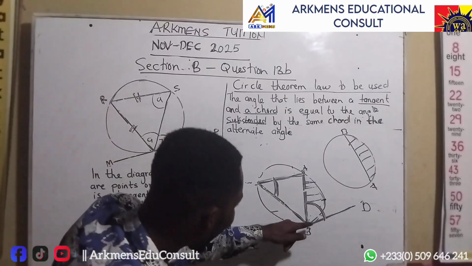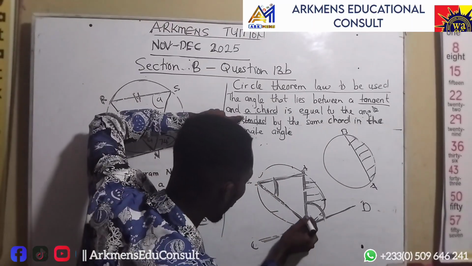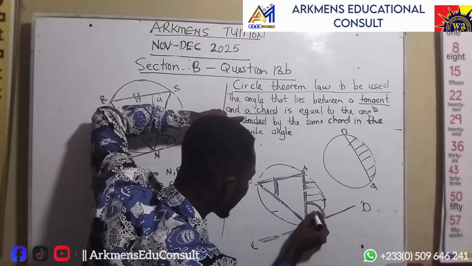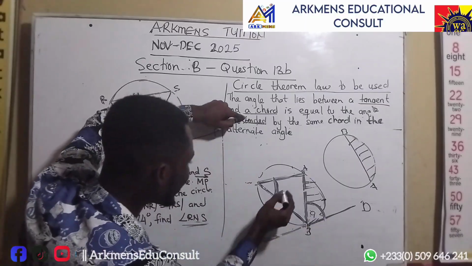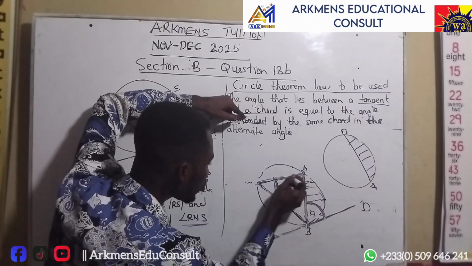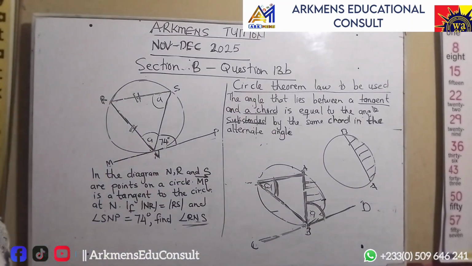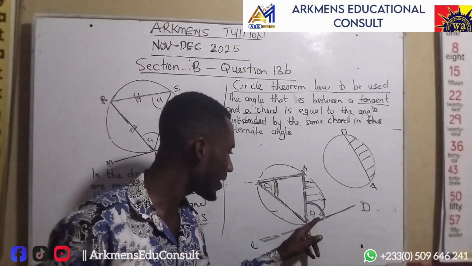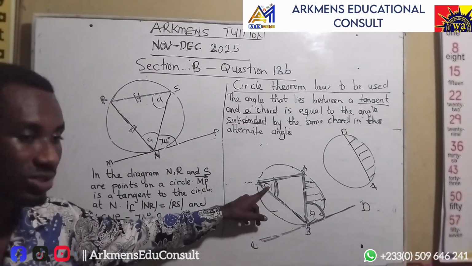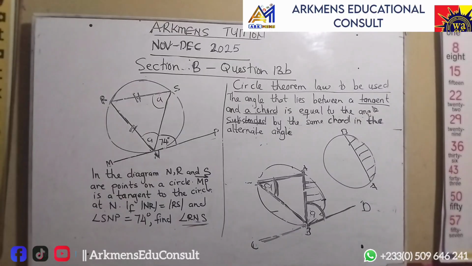And it's saying that the angle that lies between this tangent and this chord over here, if it's A, is the same as the angle that will be formed when I stretch this chord to the other side, meaning that here also becomes A. That is the meaning of this plenty English. So if here is A, it is trying to tell me that here also becomes A. You see it?